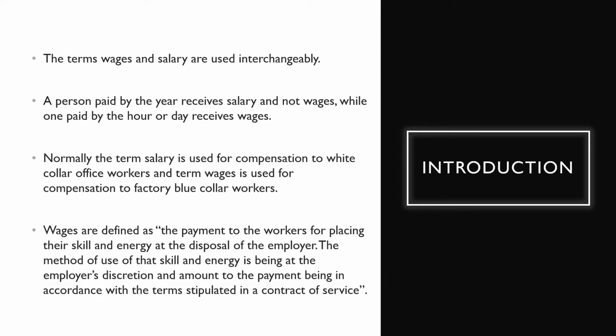Now, the method of use of that skill and energy is at the employer's discretion, meaning the kind of work that needs to be produced is the employer's requirement, and the amount paid should be in accordance with the work, and that can again be based on the contract of service between the person producing the work and the employer.